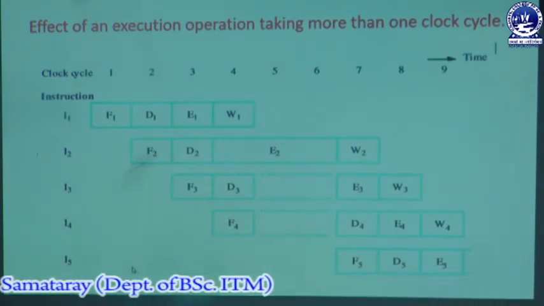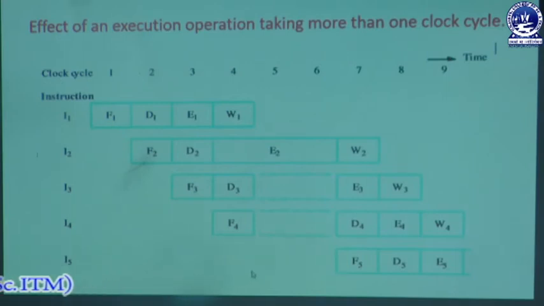So the I5 has to wait, or the processor has to wait up to this sixth clock cycle so that the I4 will go for decode and then I3 go for execution.